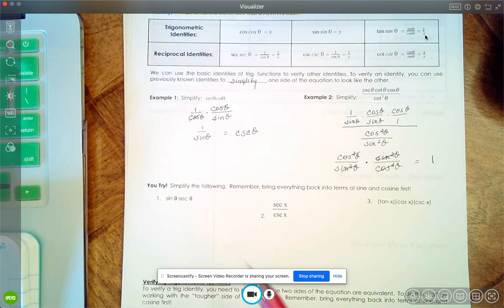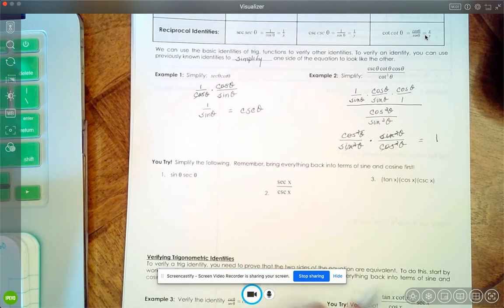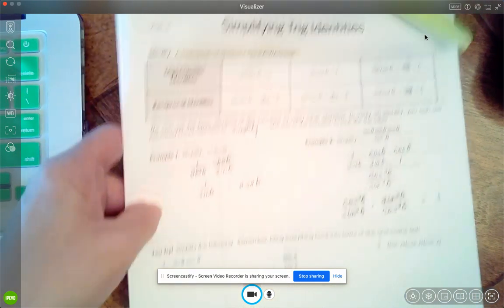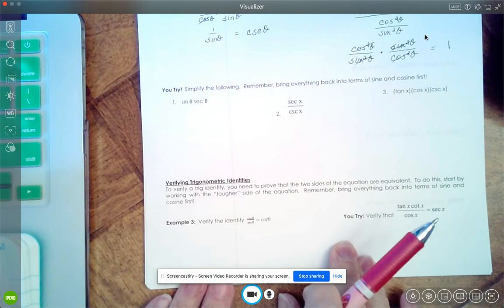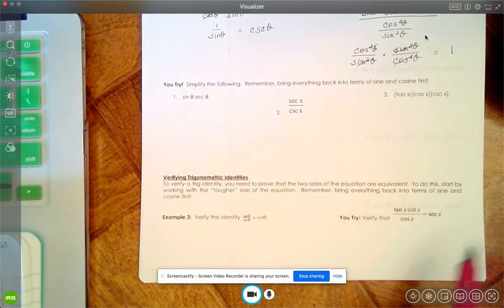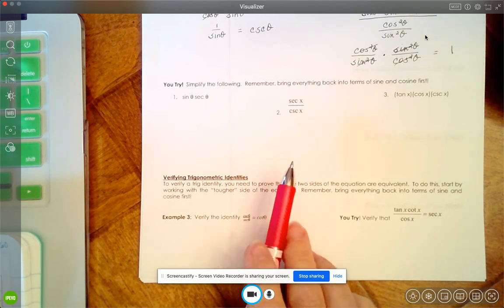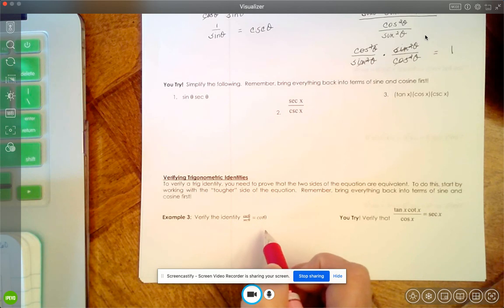Okay, you have 3 to do here, and then verifying. I am not going to do your verifying because we're going to move on, but verifying is very easy. I like it better than simplifying because to verify the identity, I take the hardest side and I do the same thing as with simplifying, but I know what I'm supposed to get.